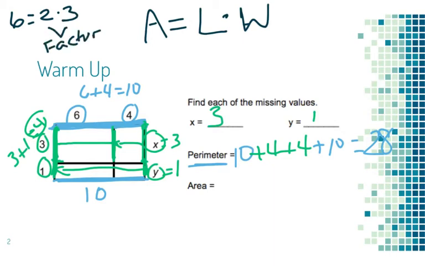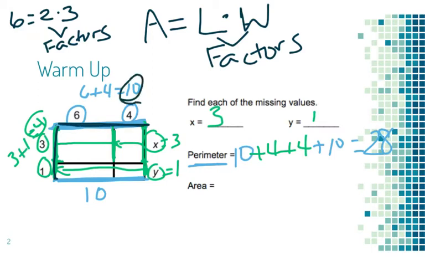So 2 and 3 are factors of 6. In the same way, the length and the width are both factors of that area expression.